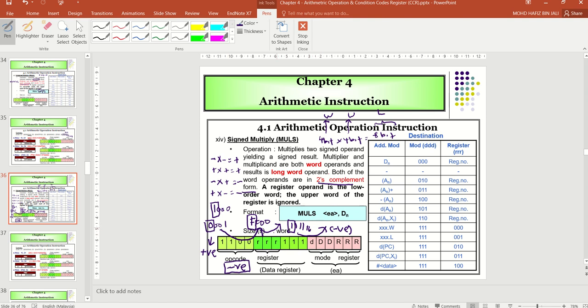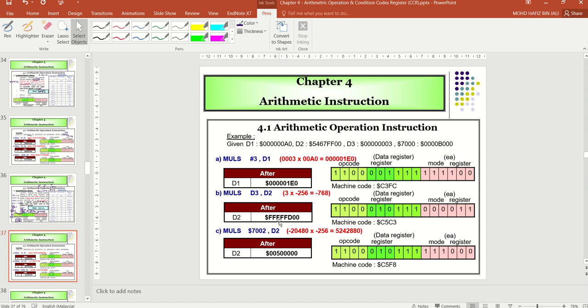So let's move to an example. Example: MULS 3 multiplied with D1. 3 is 0003.